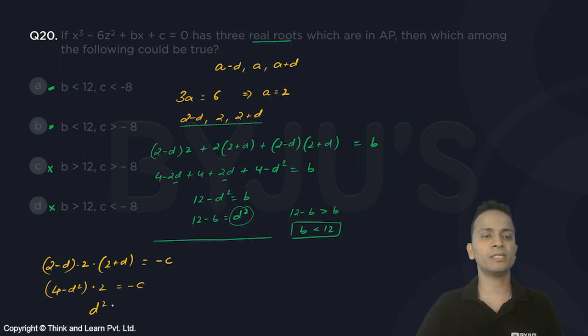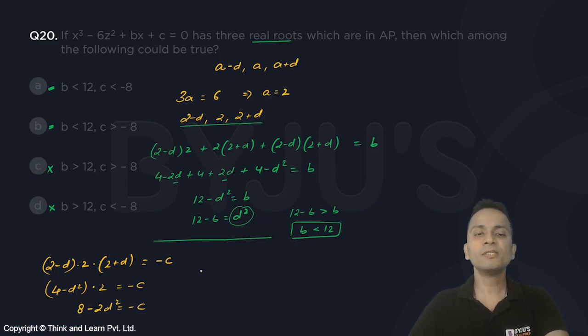So let's open the brackets first of all. So I can say that it will be 8 minus 2d square is equal to minus c.